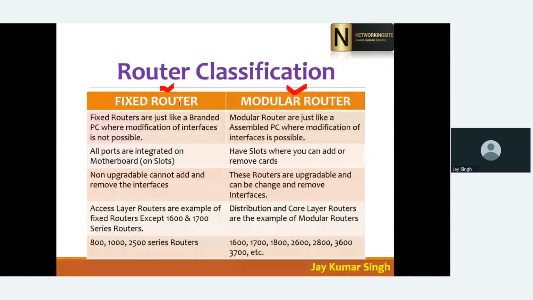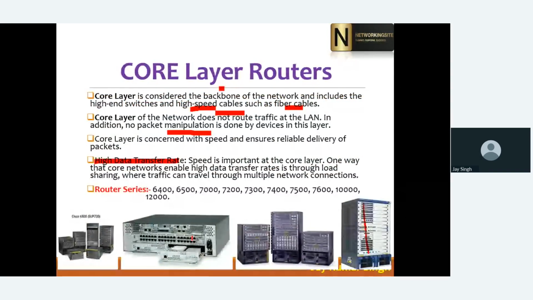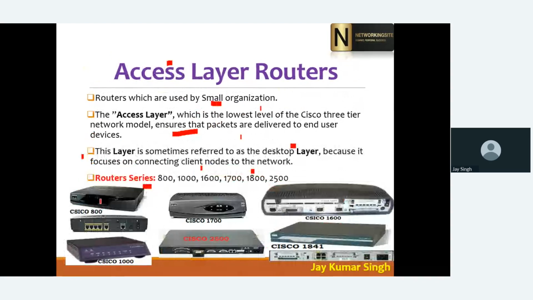Modular router means there are modification possibilities. Suppose this is a router and a port is not working; you can easily remove that port and put a new one here. But you cannot do the same with fixed routers. If a fixed router port is not working, this router has gone. There is no option to change it, or there is no slot.